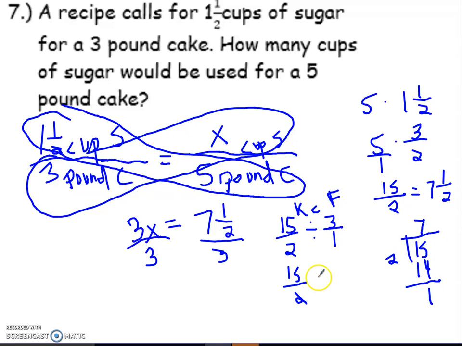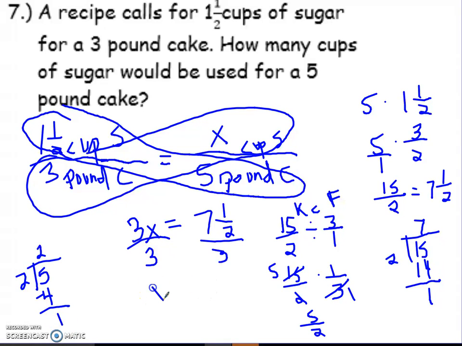So 15 halves times 1/3. Simplify the diagonal. I get 5 halves. 5 halves we can divide out. 2 goes in there 2 times. We get 2 and 1/2 cups of sugar.